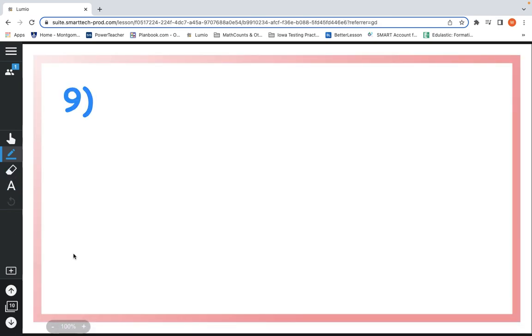Moving on to problem number 9, which is a word problem. Okay, so number 9 says Cameron has 11 adult fantail goldfish. So he has 11 fantail. And if we have to use a letter, I would say let's use F. This is 7 fewer fantail goldfish than his friend Julia has.